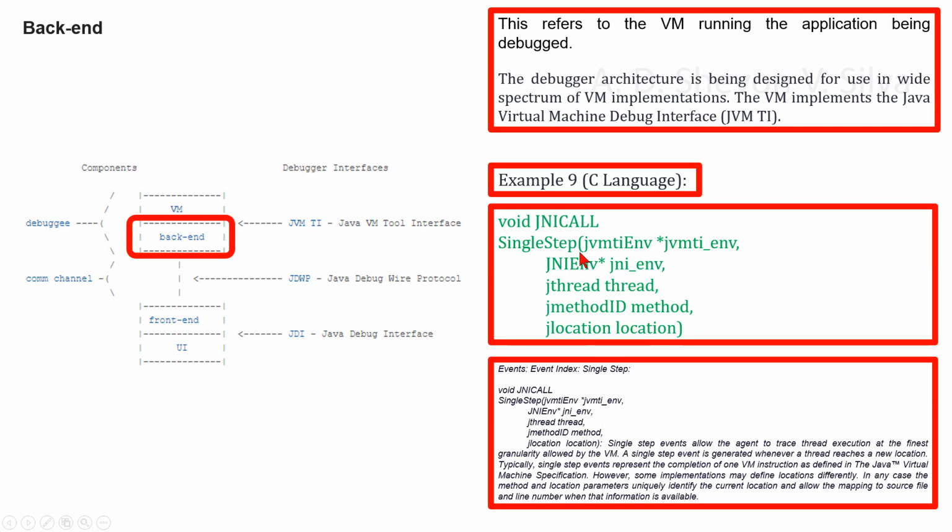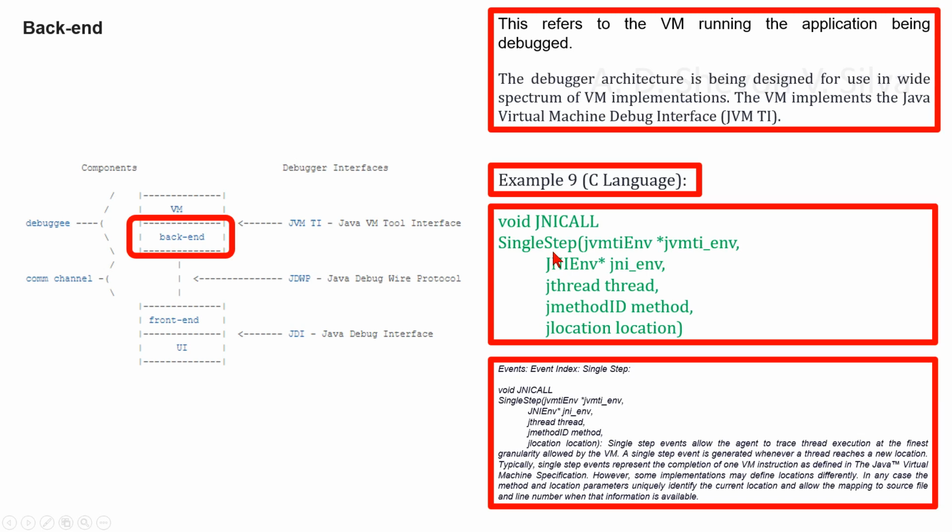The single step events allow the agent to trace thread execution at the finest granularity allowed by the VM. A single step event is generated whenever a thread reaches a new location.